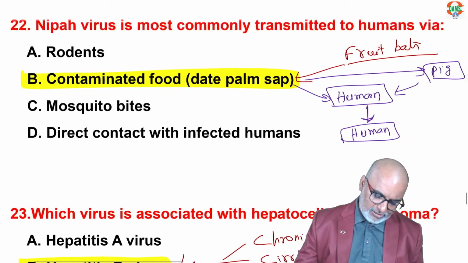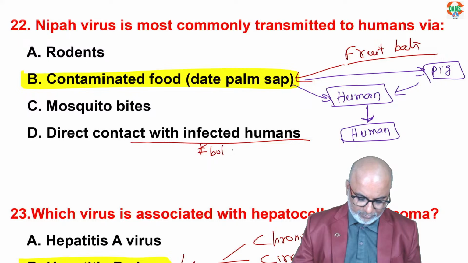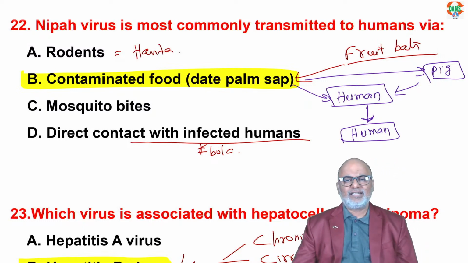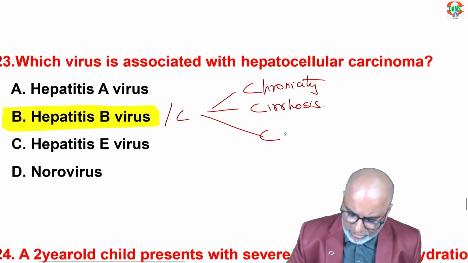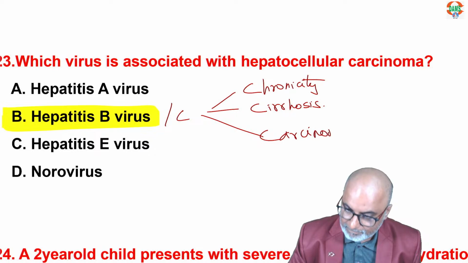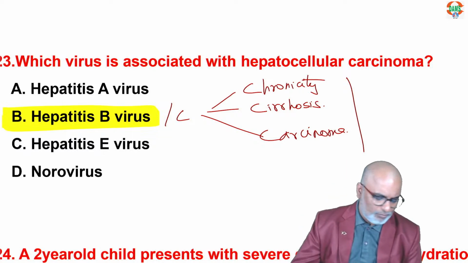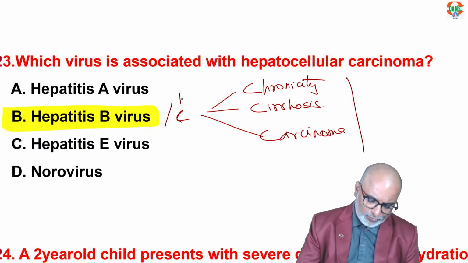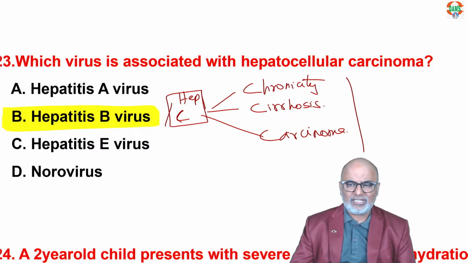Direct contact with infected humans, Ebola. Rodents, hantavirus, rodent excreta. Remember, chronicity, cirrhosis, carcinoma by hepatitis B virus as well as hepatitis C virus. Both can cause chronicity, cirrhosis and carcinoma.